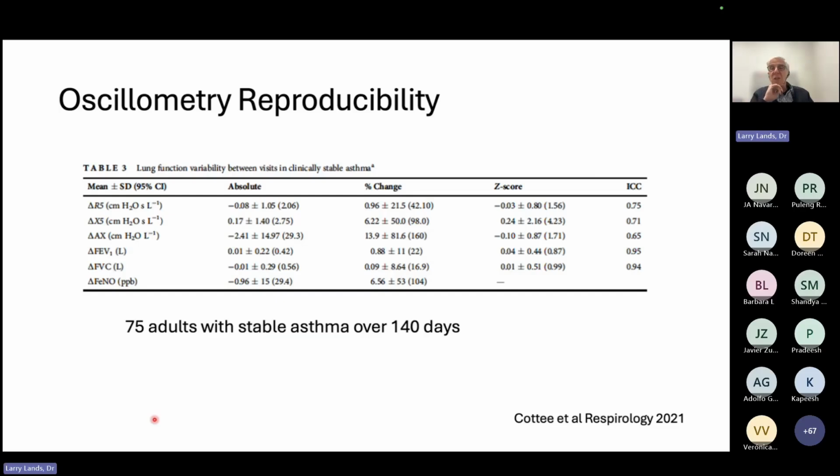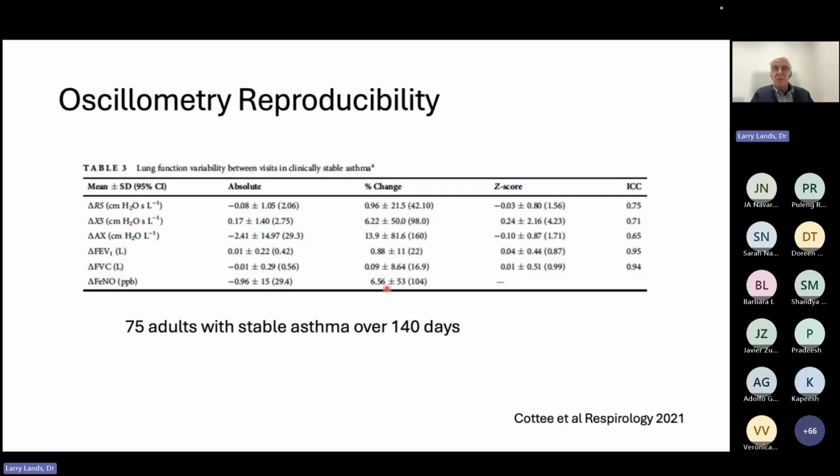This was also looked at in adults. These were 75 adults who were considered to be stable over a period of at least 140 days. You can see that the percent change between the time points was really quite small, certainly for resistance, a little larger for the reactance measures.